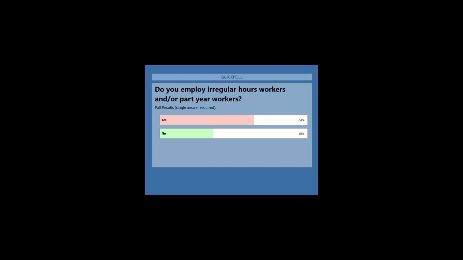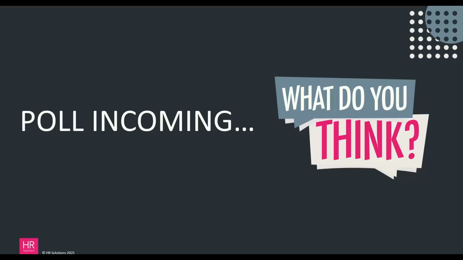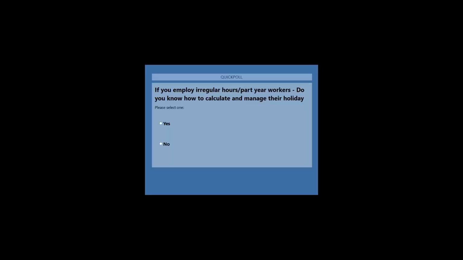And for those 64% of you, if you wouldn't mind just answering this next poll, it's a slightly different take from the earlier one. So given you do employ these types of workers, do you know how to calculate their entitlement?